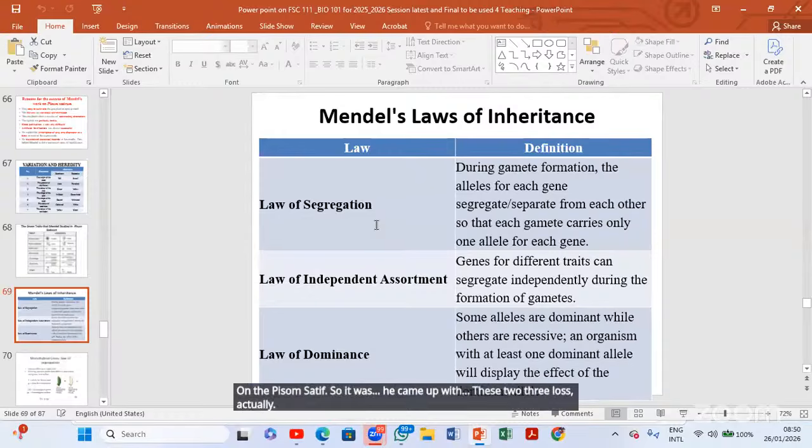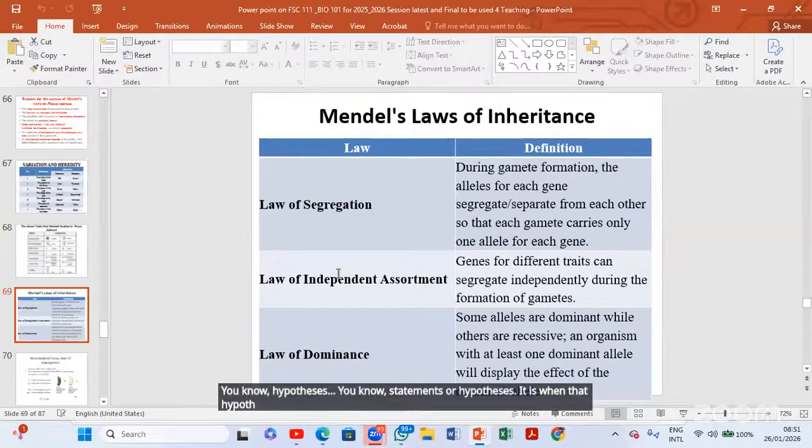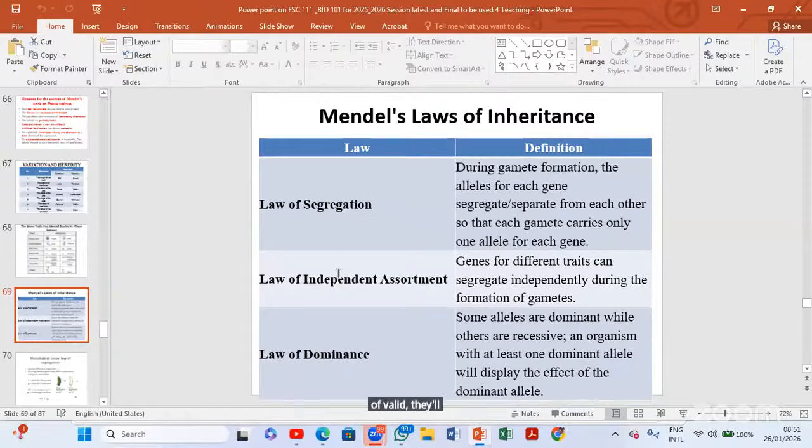Actually, there are 3 laws, but in the scientific method, before a law becomes a law, it has to pass through stages. You know, a statement or hypothesis. It is when that hypothesis is right or valid that you take it to a theory. So some stopped at theory.